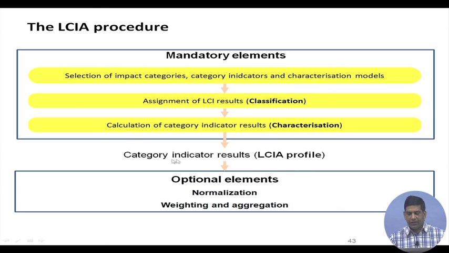They come up with category indicator results, give the LCIA profile, and go directly to interpretation. They will not go for normalization, weighting and aggregation. This box at the bottom is optional. And many times for research activity, we look at this LCIA profile and try to interpret from there as well. We don't go for normalization, weighting and aggregation.